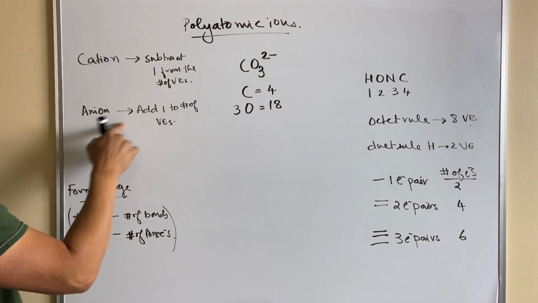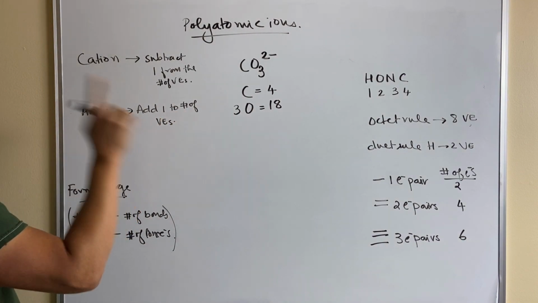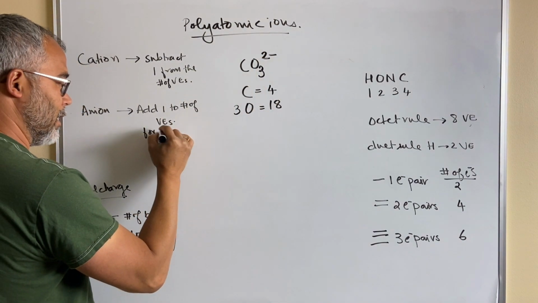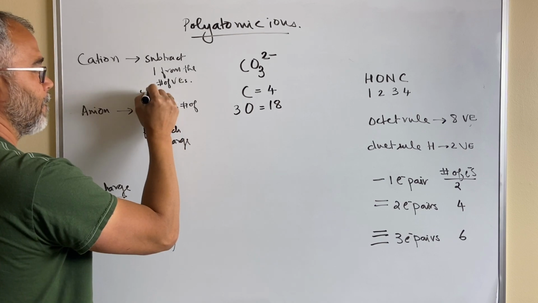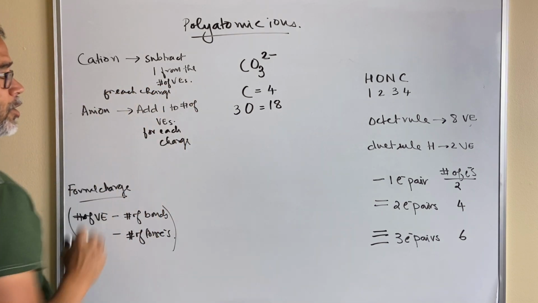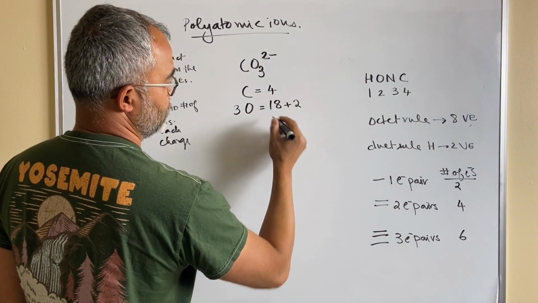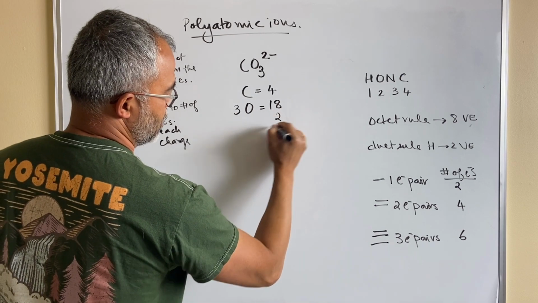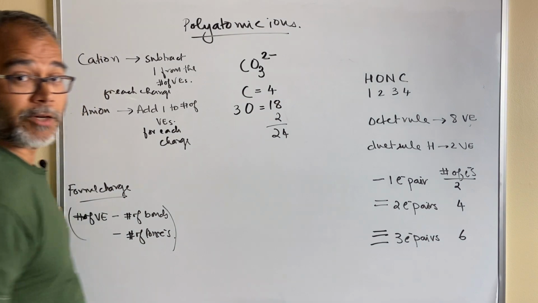And then because it's an anion, you add 1 electron to the number of valence electrons for each charge, which means there are 2 charges, so I'm going to add 2. So that gives me a total of 24 valence electrons.